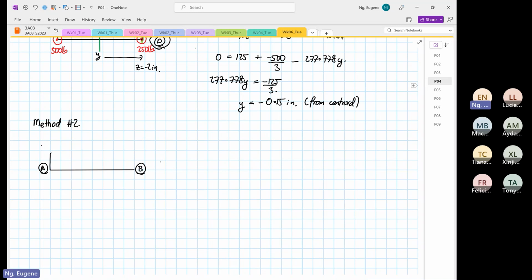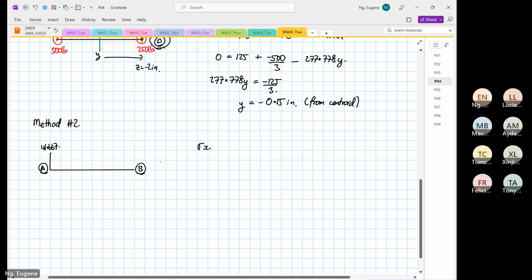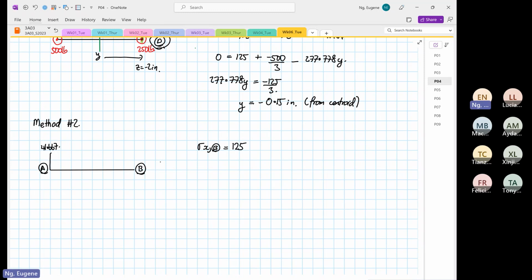Okay, so I'm going to sketch this 41.667. If you're going to use the alternate method, you need to find what is your stress X at point B. So stress X at point B, we know the axial load is 125.